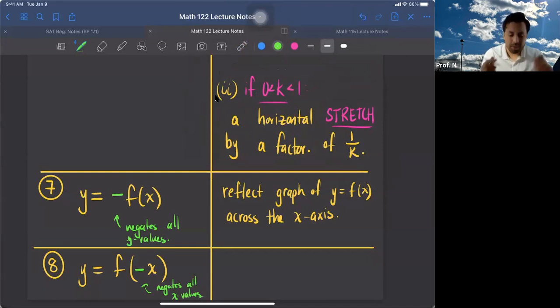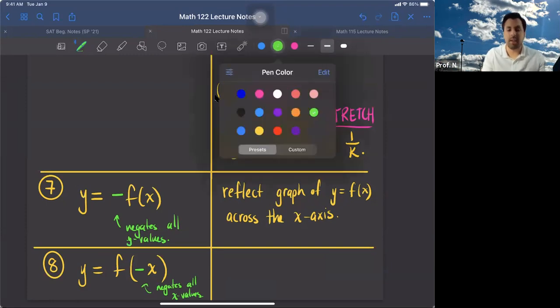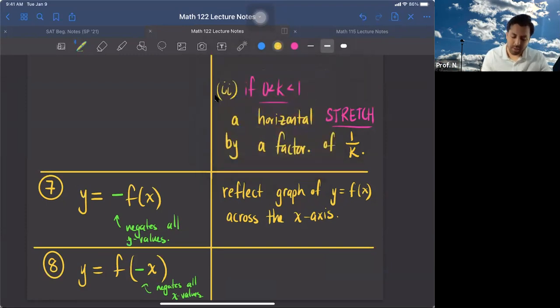So if I switch all the x values from my original, so always think about the original function f of x, then I'm not going to be flipping it across the x-axis. I'm going to be flipping it across the y-axis. So I'm reflecting the graph of y equals f of x across the y-axis.